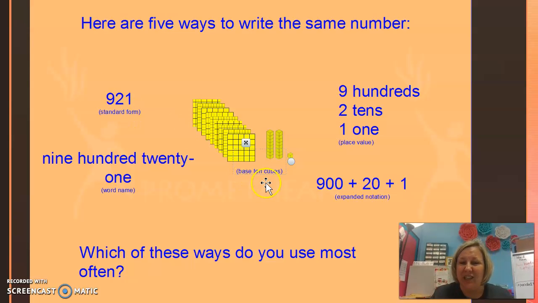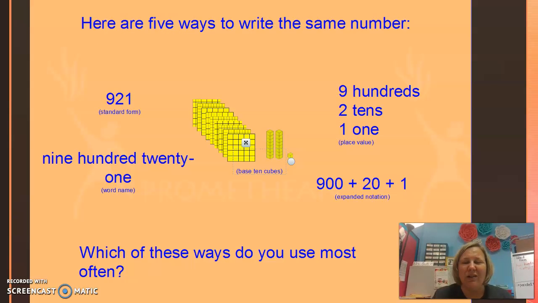Using base 10 cubes, notice that we have 9 flats, or 9 hundreds, 2 tens, and 1 one. Then 921 in word form, and expanded notation or expanded form is 900 plus 20 plus 1. Which of these ways do we see most often? You're right, we usually see the standard form most often.